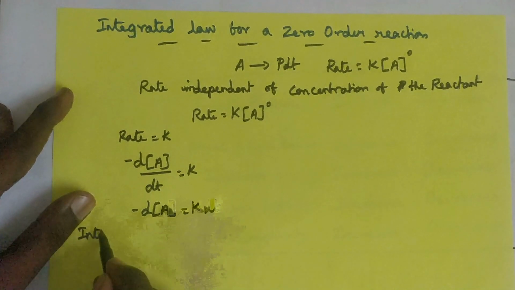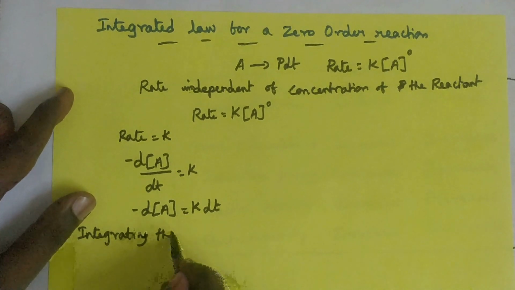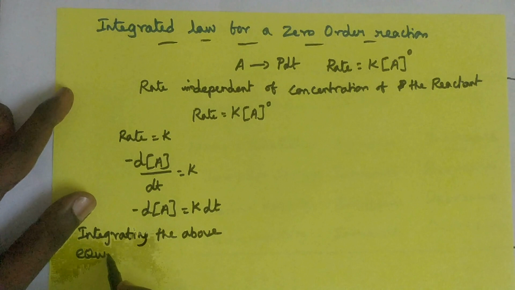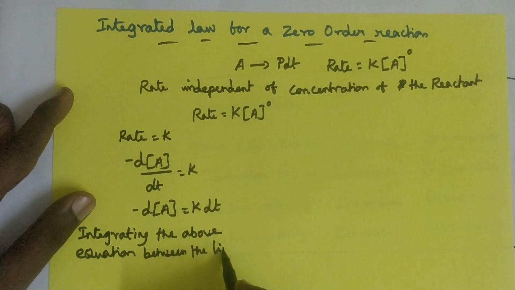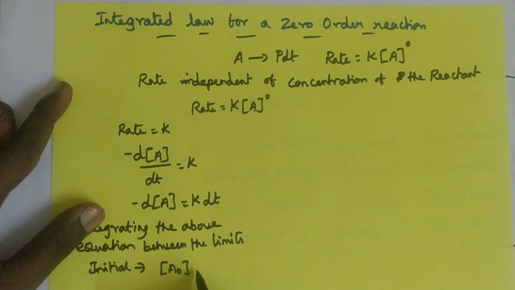Now integrating the above equation between the limits. As already mentioned, for the initial state the concentration is A naught at time 0.